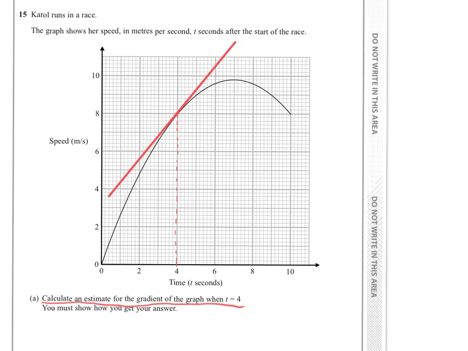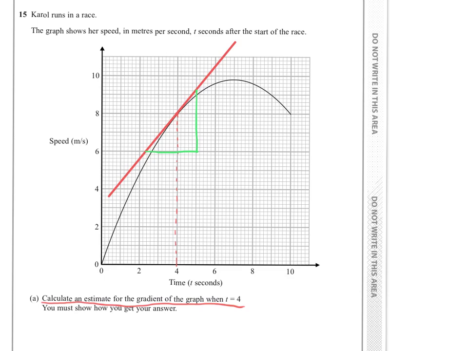And so one way of looking at that is to try and see somewhere reasonably nice on here where it crosses. I'll go from this point here and I'll make a triangle, and I'll go to, say, this point here.